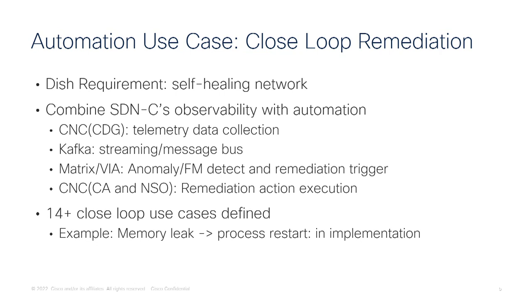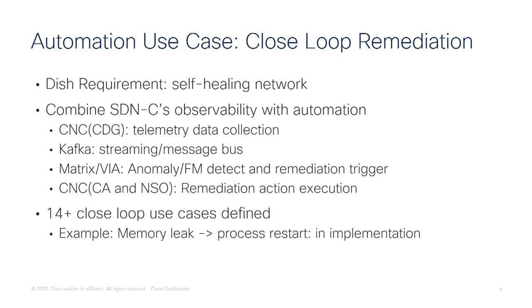We currently have more than 14 closed loop use cases defined, and one at the top of the list is memory leak detection, where detecting a memory leak triggers a process restart. This is the number one use case Dish wants to implement, so it is currently in implementation.